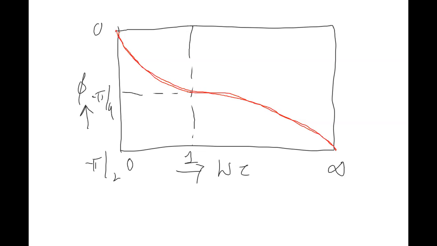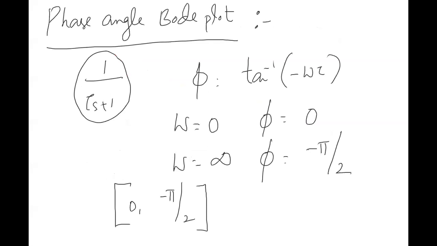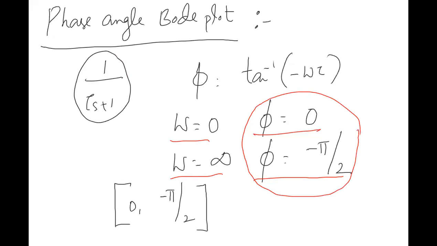So why is it 0 to minus pi by 2? Because you have found out the values here, no? When it is 0, it is 0. When it is infinity, it is minus pi by 2. So the maximum limits are 0 to minus pi by 2. It cannot go beyond that.